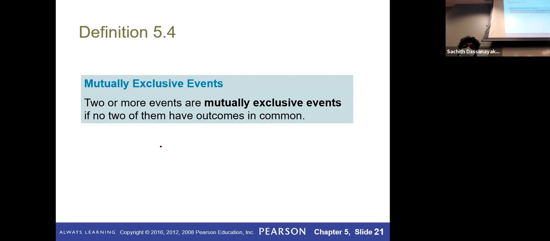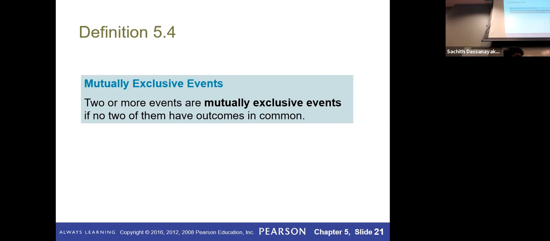Now there are different events that we can consider. Here we have mentioned mutually exclusive events, which means those are two different events. They don't have a common space or shared area. Events are mutually exclusive if no two of them have outcomes in common. They are like A is here, B is here.